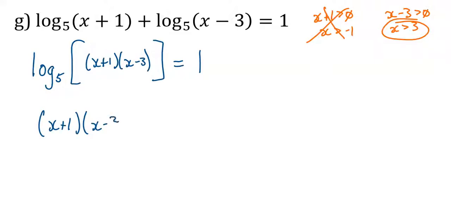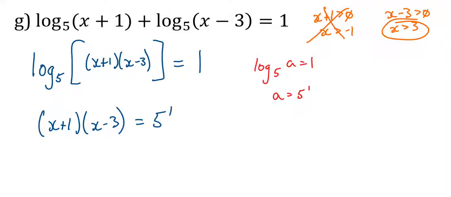Because if it was log base 5 of a equals 1, a would be 5 to the 1. Base stays the same. That's my exponent equal to a. So this binomial product is my a, in other words.